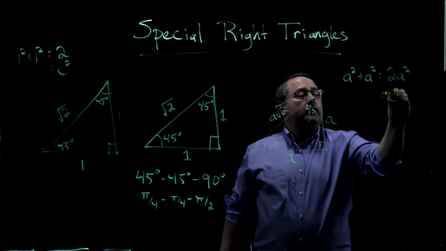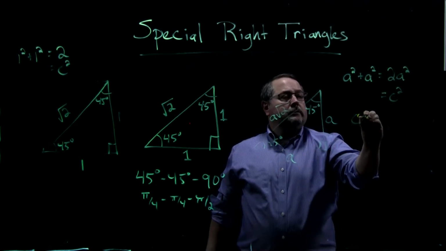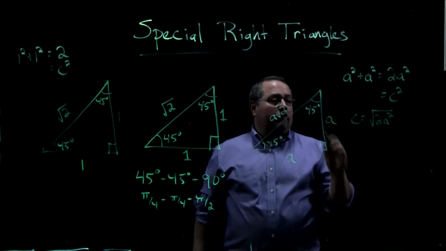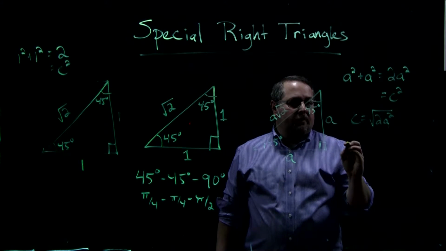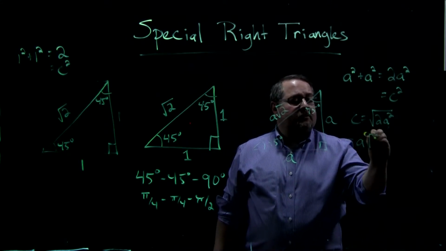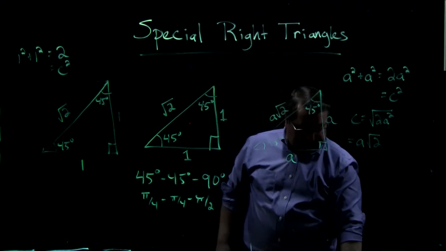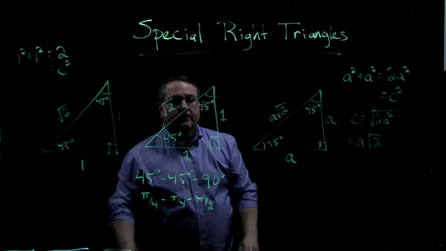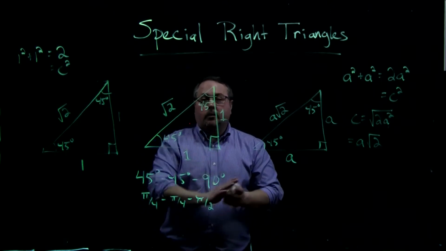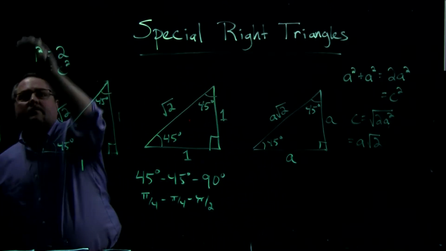And that's our c squared. So taking the square root, c has to be the square root of 2a squared, which is a times the square root of 2. All right, so that is our 45, 45, 90 right triangle.